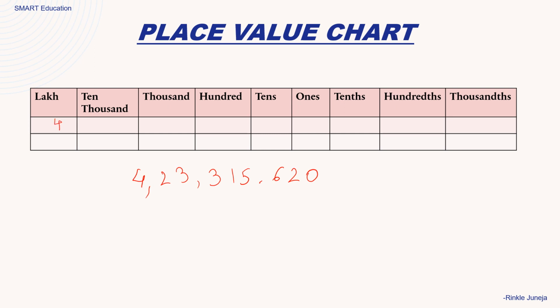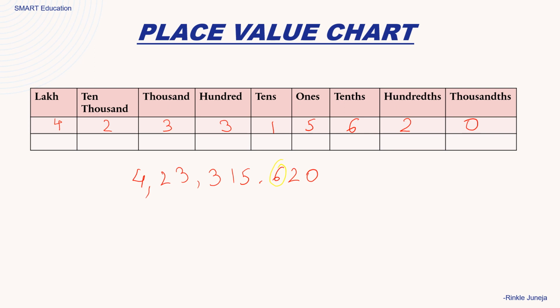This will be 4, this will be 2, this will be 3, again 3, 1, 5. Now tenths place is number 6. So we'll write down 6 over here. Hundredths place number 2. In thousandths place number 0. That's how we'll fill in the place value charts.